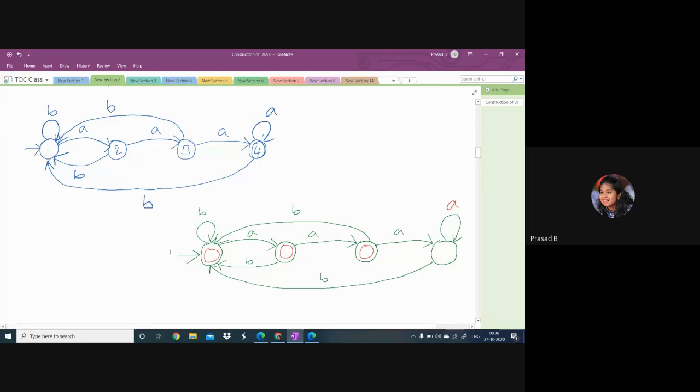Okay. Now copied. Any doubt in this? So take the heading: complement of an automata.